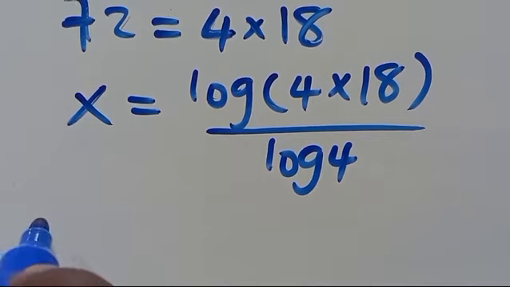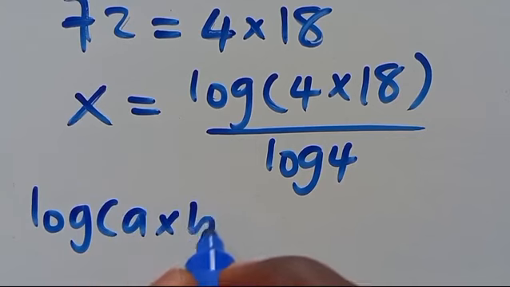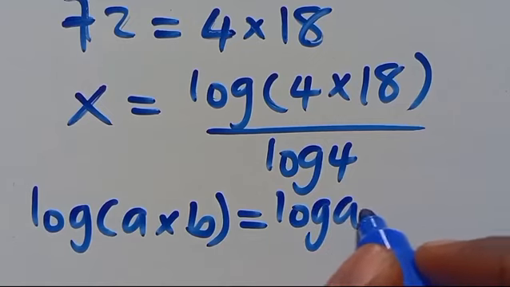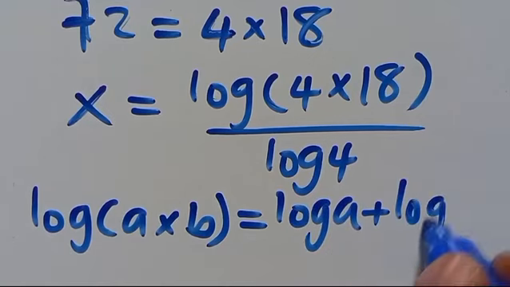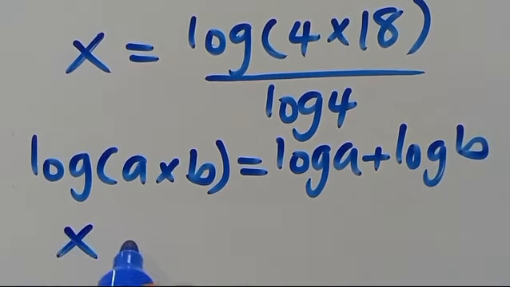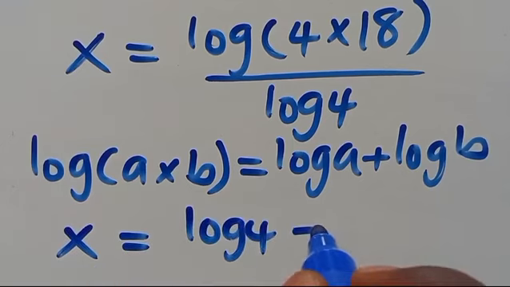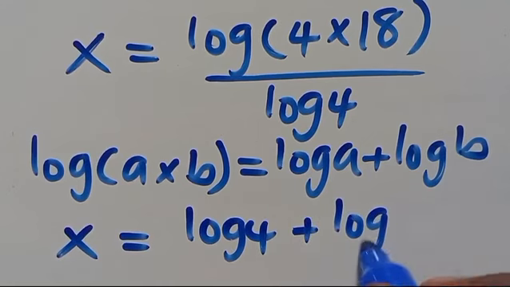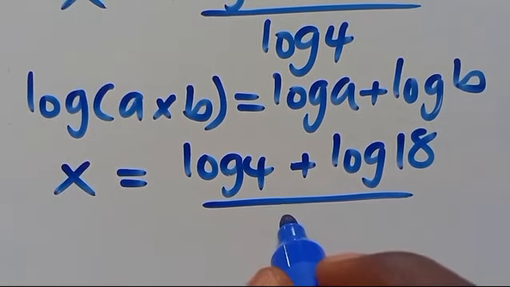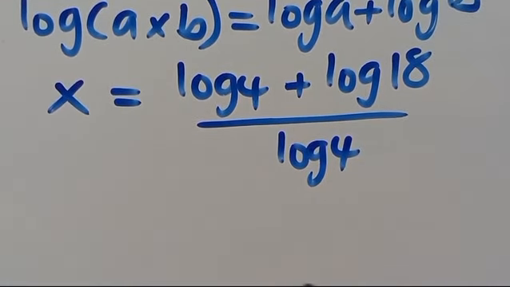Then when we have log of a times b equals log a plus log b, we are going to have x to be log 4 plus log 18 over log 4.